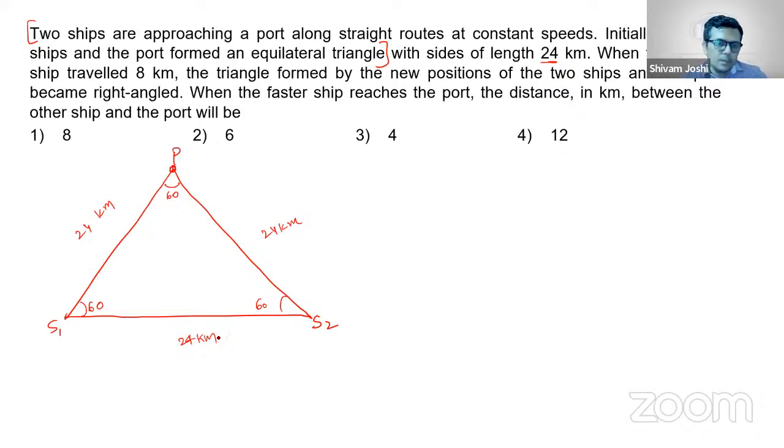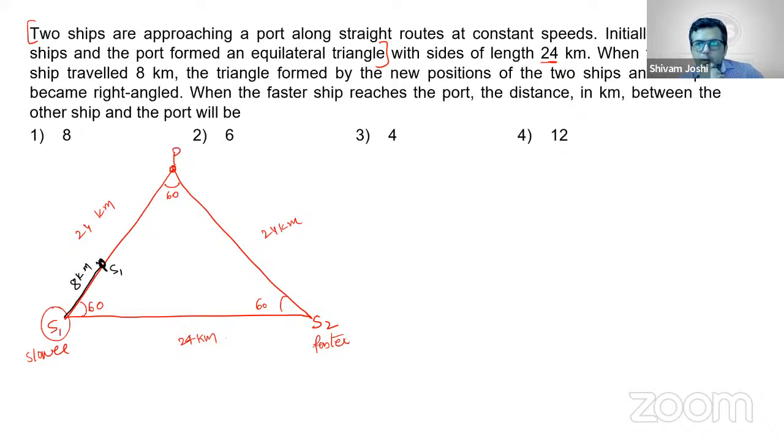Let us assume that S1 is the slower ship and S2 is the faster one. When the slower ship has traveled 8 kilometers, so when this ship reaches over here after traveling 8 kilometers, this is the new location of S1.